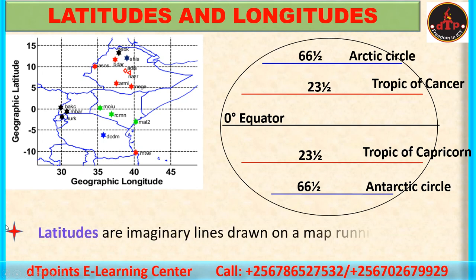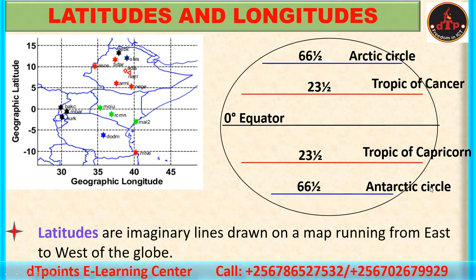Let us move on. We are still looking at latitudes, and here we are going to define what latitudes are. Latitudes are imaginary lines drawn on a map running from east to west of the globe. This hollow thing you're seeing here is the globe.